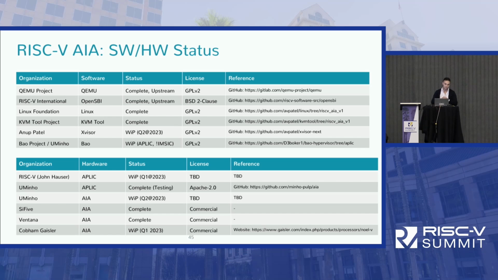John Hauser, the main driver of this specification, I spoke with him yesterday, is still committed to do that, apparently around the end of Q1 2023. This is a reference IP that people can leverage. My team is also implementing the AIA. The APLIC is already implemented and is distributed under the Apache 2 license, very permissive. So if you want to pick this IP to put in your designs, you can do it.